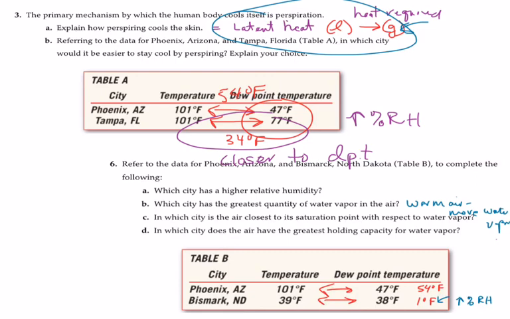Okay, and it says that you can use your table B to convince yourself of this. On table B, if you find 101 degrees and 39 degrees, you're going to see that at 101 degrees, it can hold a lot more than at 39 degrees. It's a little tricky, a little subtle, but I think what you're going to find when you wrestle with the information on table B is that there is more water vapor in Phoenix.